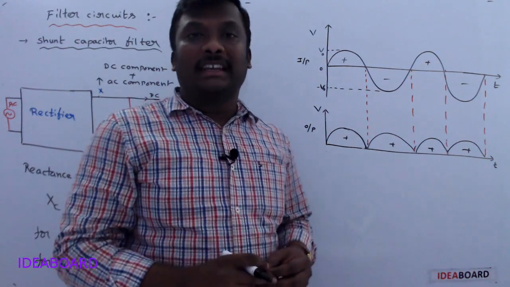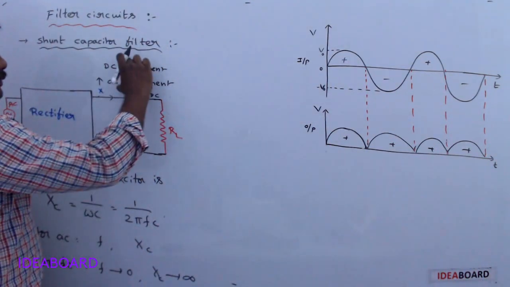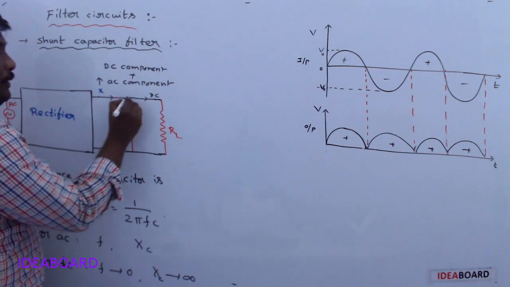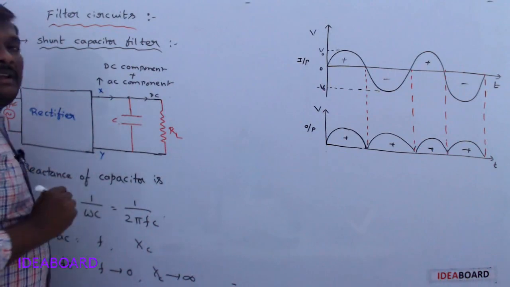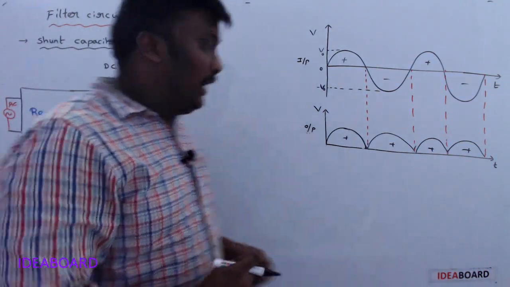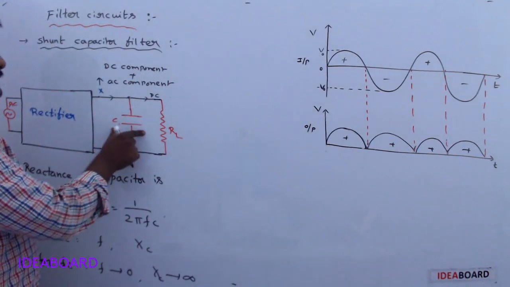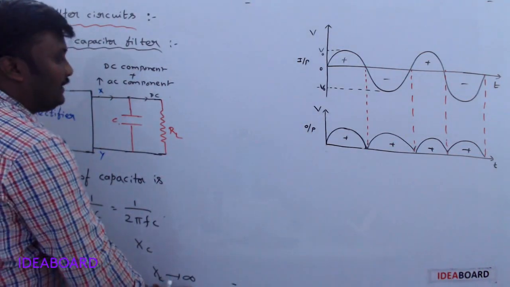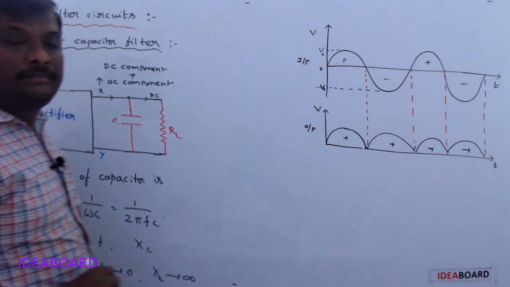Now what about the AC? Up to this point we have both the DC component and the AC component. At the junction, we may try to understand what happens. One point is clear: for DC, the capacitor offers infinite resistance, so DC cannot go through the capacitor.